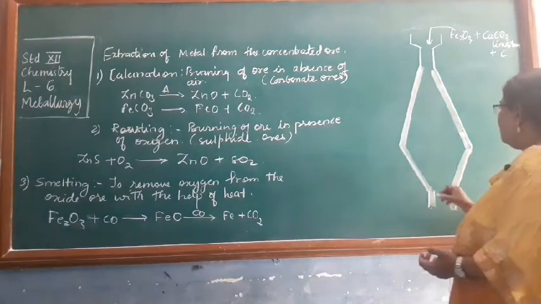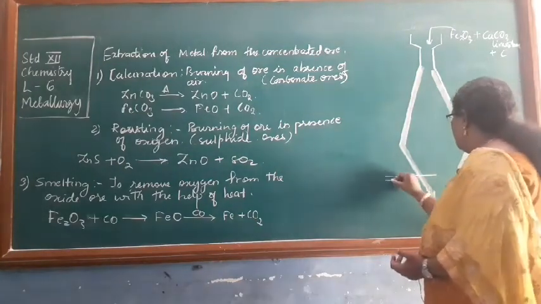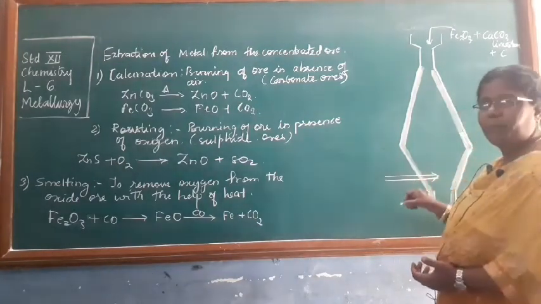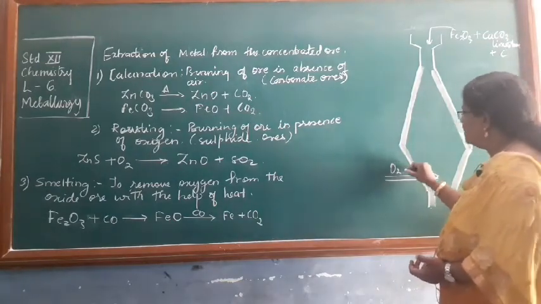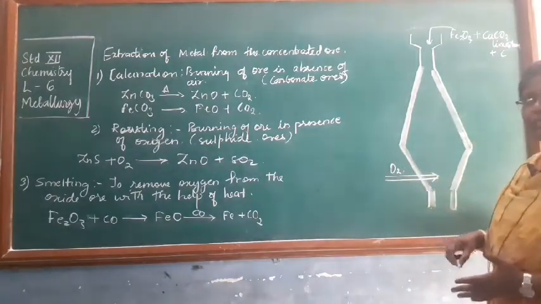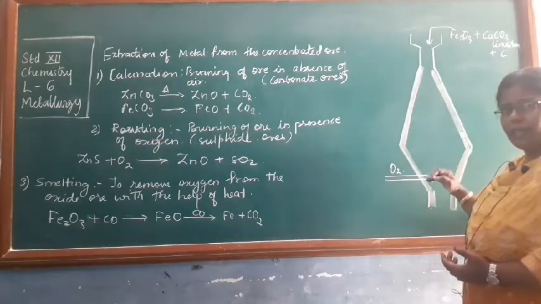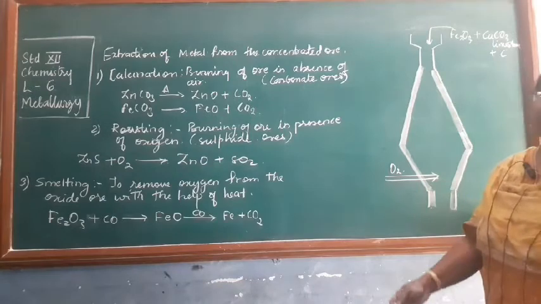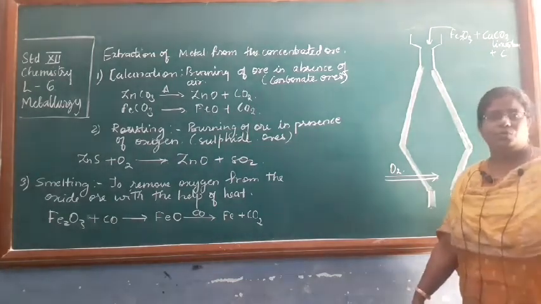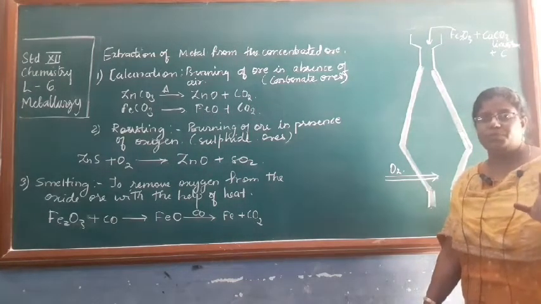From the extreme end, that is the bottom of the blast furnace, you were passing air at very high temperature. The temperatures are given in your book, so you can take the exact temperatures from the book itself.